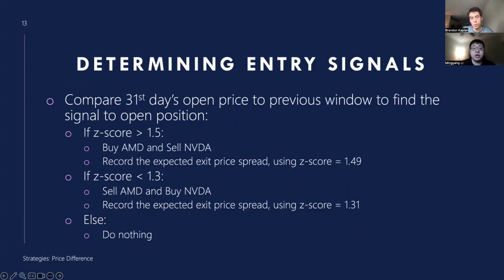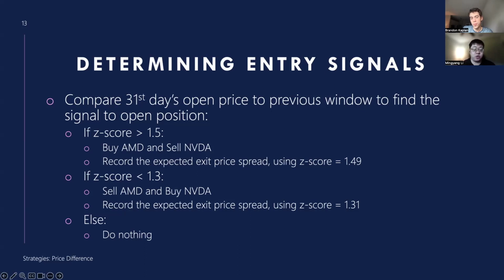And for the next slide, here is how we determine the entry signals. So we basically compare the 31st day's open price to the previous window to find a signal to open our position. If the price difference z-score is greater than 1.5, which means we believe AMD has been undervalued and NVIDIA has been overvalued, so we buy AMD and sell NVIDIA, and we record the expected exit price spread using the z-score equals 1.49.